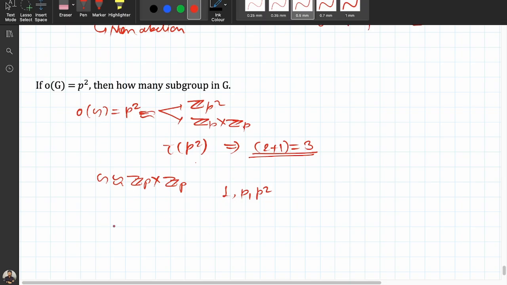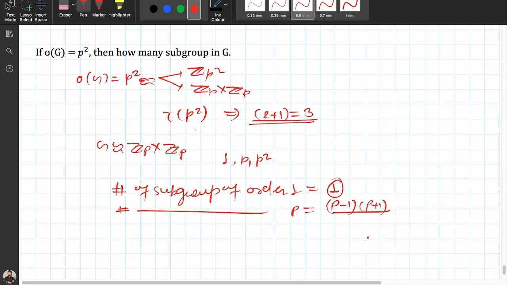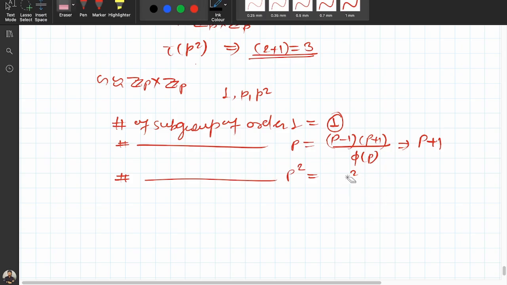The number of subgroups of order 1 is 1, unique. The number of subgroups of order P is P plus 1. And the number of subgroups of order P square is 1. So from here the total is 1 plus P plus 1 plus 1.